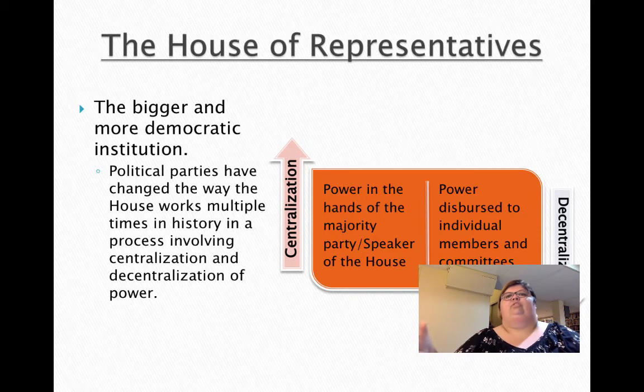So those are the most senior members, and it's more by figureheads amongst the party and even in the opposition party than it is in the Speaker of the House. So centralization and decentralization, when you're thinking about those terms, think largely about whether power is held by the Speaker of the House or whether power is held by committee chairs and regular members of the branch.